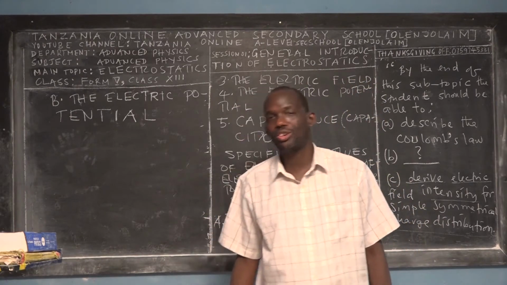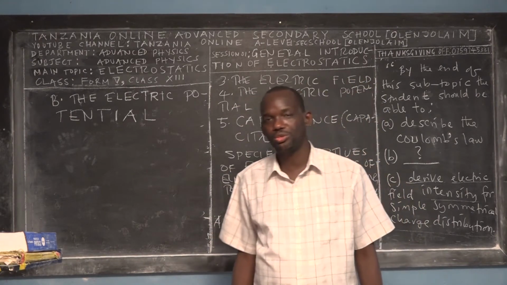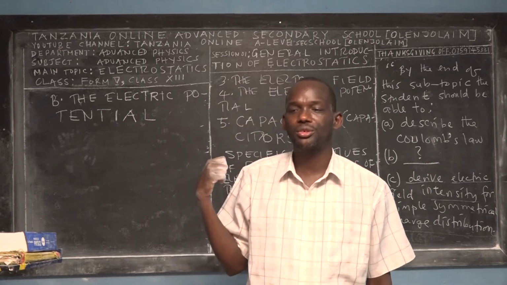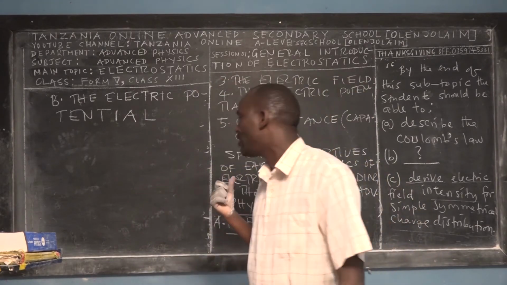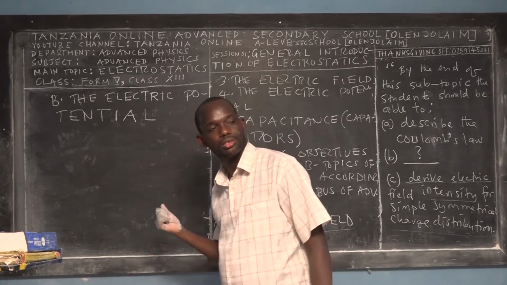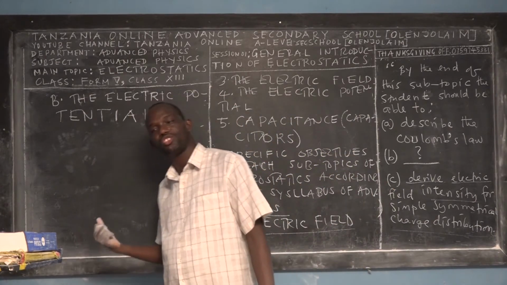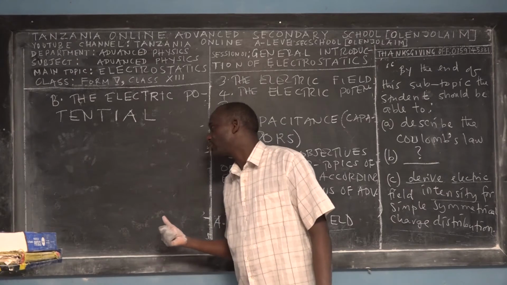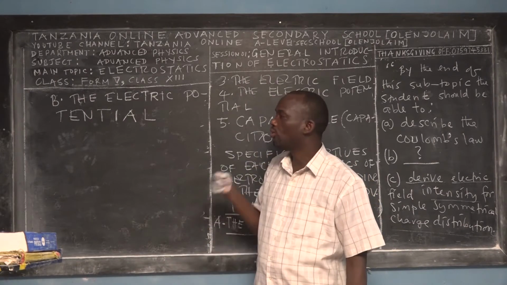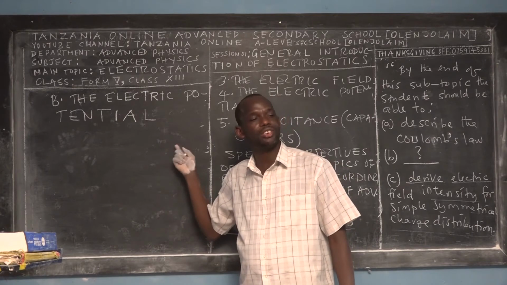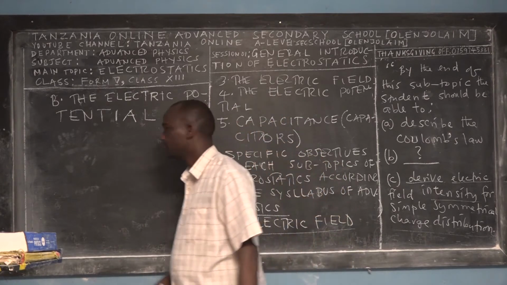So you have to recall what I taught you there before you come to electrostatics, because possibly you might get confused. So you have gravitational potential, gravitational potential energy, right? We have gravitational field strength. All of those phenomena, we are going to repeat them in this topic.